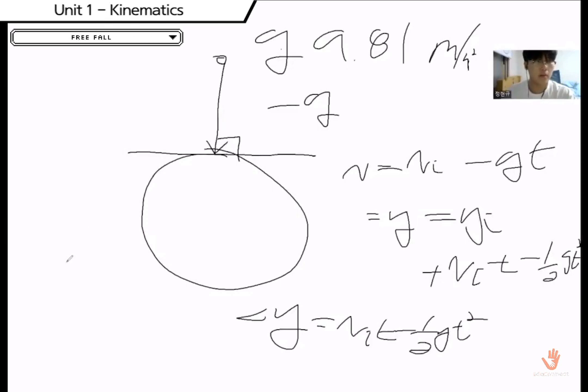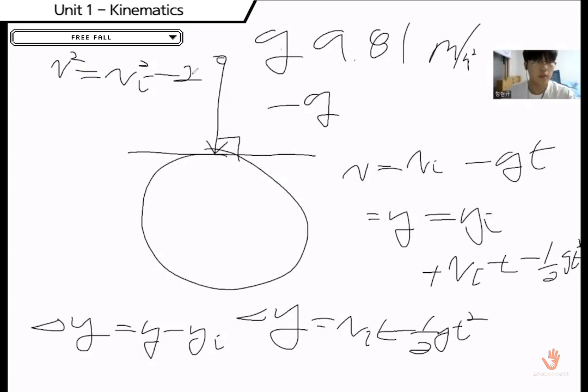Recall delta y equals y minus y initial. The combined equation is v squared equals v initial squared minus 2g times (y minus y initial), or v squared equals v initial squared minus 2g delta y.